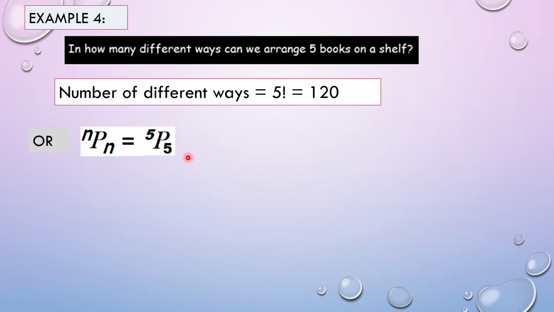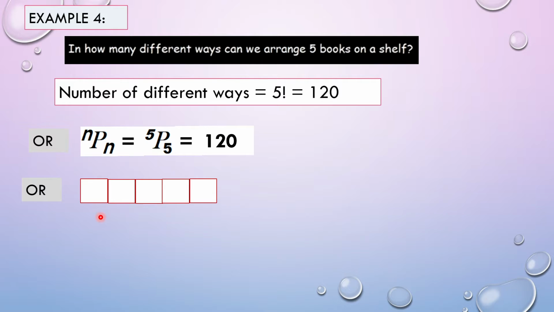Then press shift and then the multiply symbol. You will get the symbol P there on the display. Now again press 5. Therefore we have 5P5. Then equals, and you will be able to get the answer as 120.